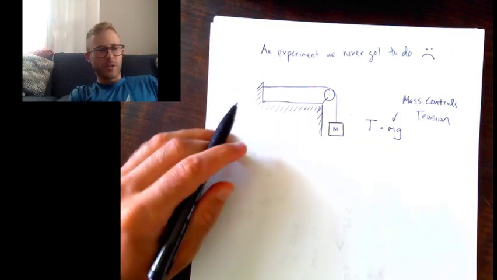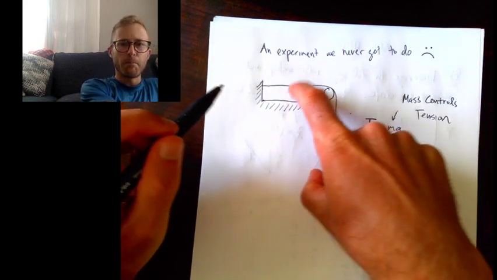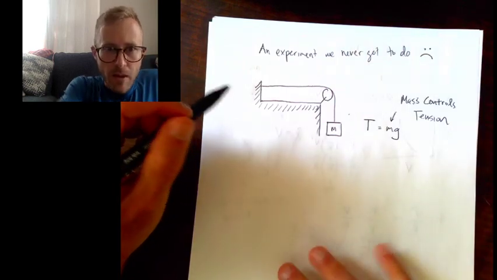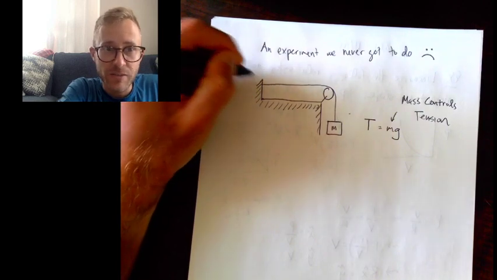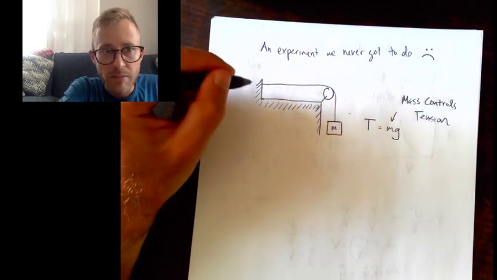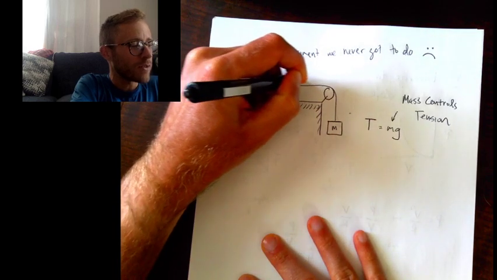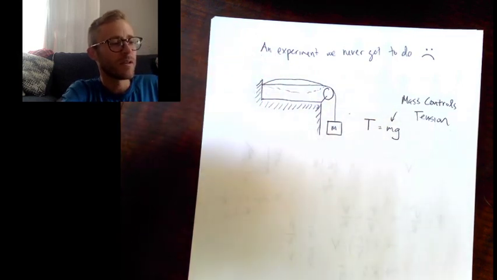Now, what if we took this string and we plucked it? We pluck the string, and what's going to happen is you will excite the first harmonic. So the first harmonic will start vibrating, which kind of looks like this for half the time and this for half the time. Okay?